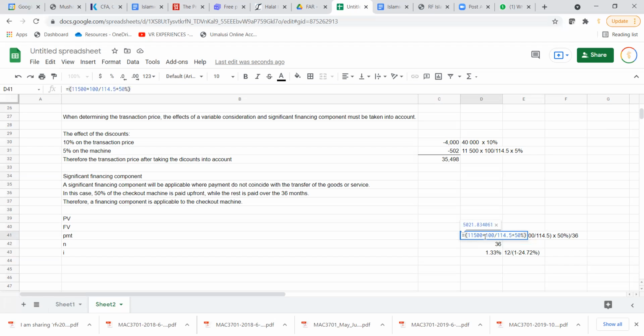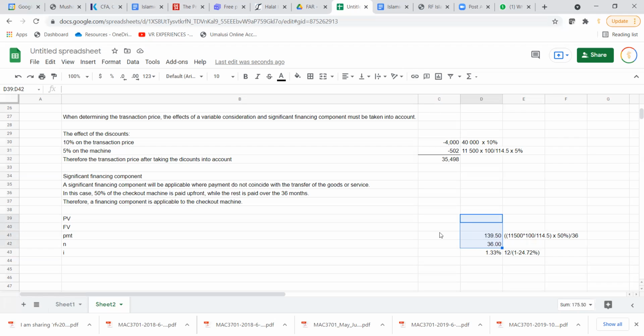But we don't need the total, we need the monthly amount, so I'm going to divide by 36. Okay, so the monthly amount we're going to pay is 139.50.